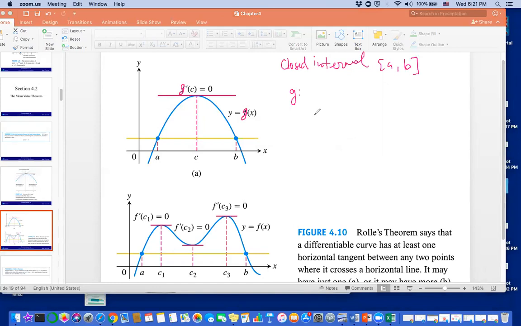No derivative means there's a vertical tangent line, a corner, a discontinuity, or wild oscillation. So G has derivative 0 at C.